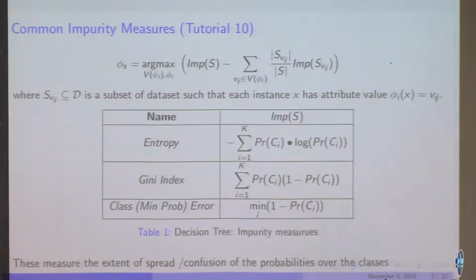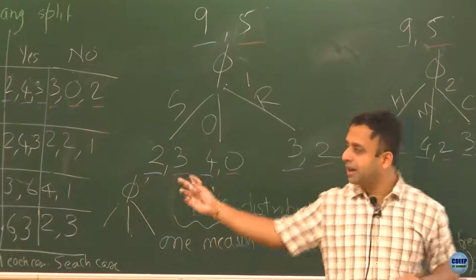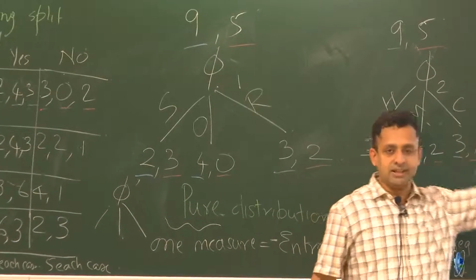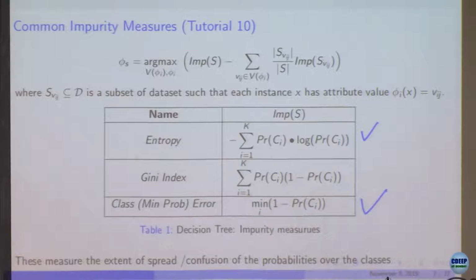There are other impurity measures also. As I said, entropy is one measure of impurity. This pure distribution is what we want, but what we have developed is a measure of impurity. It is exactly what I wrote here, just that I have used S instead of D in the slides. Entropy we discussed.